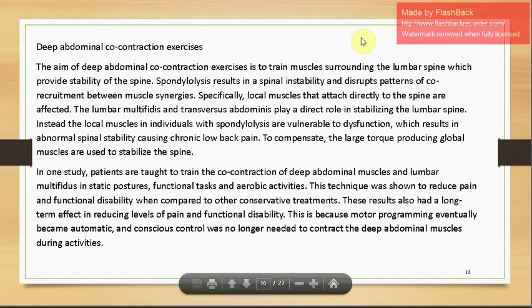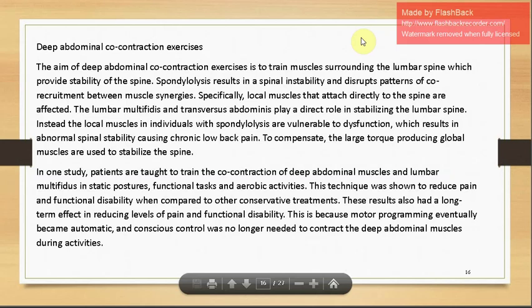Specifically, the local muscles that attach directly to the spine are affected, that is the lumbar multifidus and the transversus abdominis, the core muscles that play a direct role in stabilizing the lumbar spine. Instead, the local muscles in individuals with spondylolysis are vulnerable to dysfunction, resulting in abnormal spine stability causing chronic low back pain. So to compensate, the large torque-producing global muscles are used to stabilize the spine.